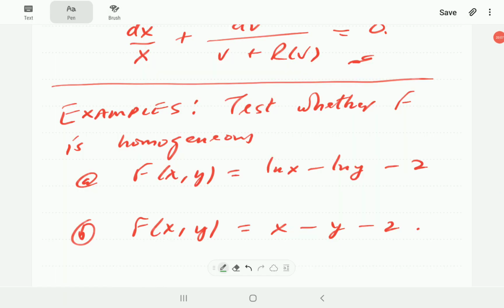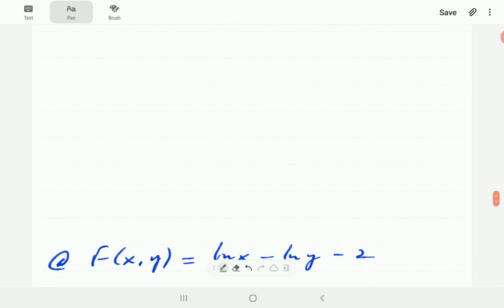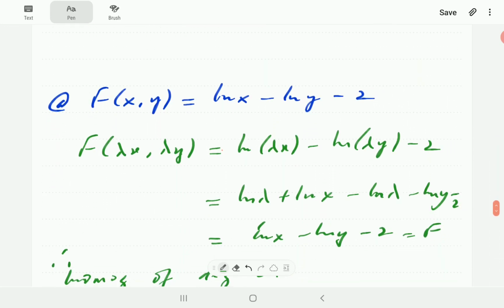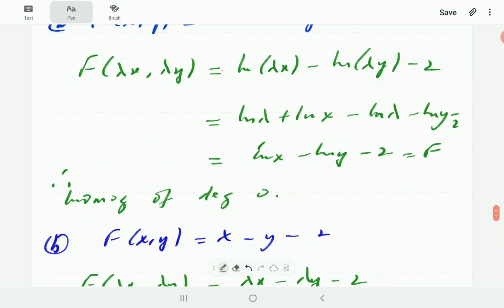All right, so we hope that you have had a go at these two functions, determining whether they are homogeneous or not. We're now going to scroll down to our answers. So first one: if we plug in lambda x and lambda y for x and y, then by the properties of logs, ln of lambda x becomes ln lambda plus ln x.